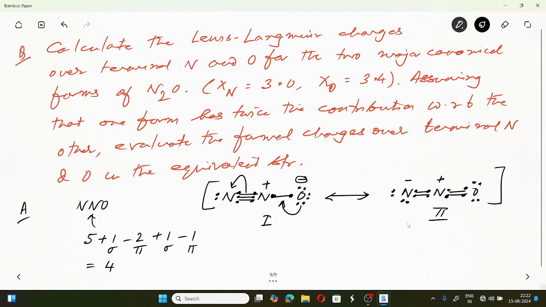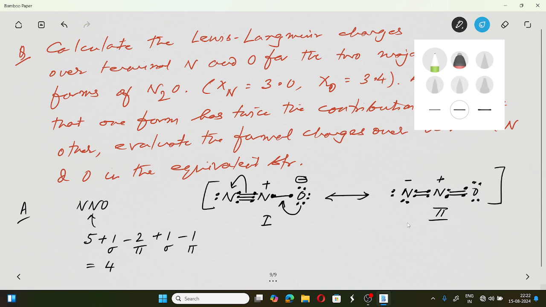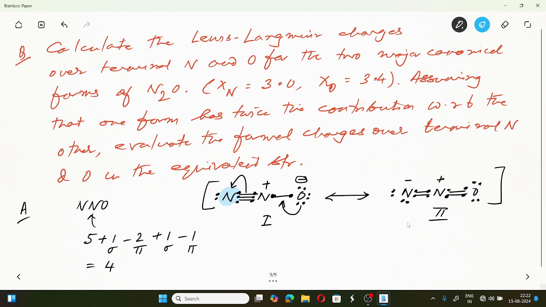So if you want to calculate the Lewis-Langmuir charge for the terminal nitrogen in structure 1, how to calculate it? Let us write it this way: Lewis-Langmuir charge on terminal nitrogen in structure 1.